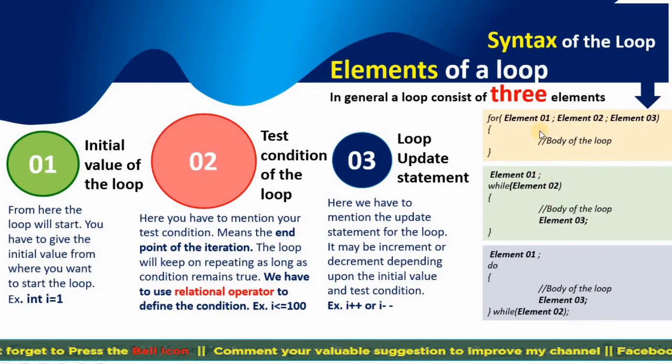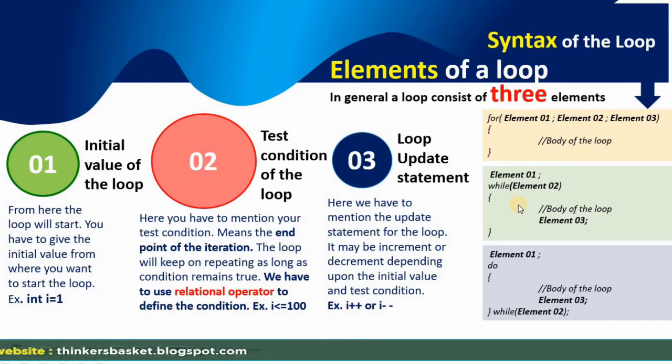So this is called entry control, meaning the entry is controlled first. And over here there is no entry control, but at the end we have the control statement. This is called exit control. So this is exit control and these two loops are entry control.